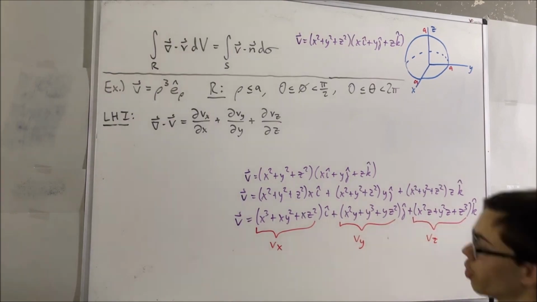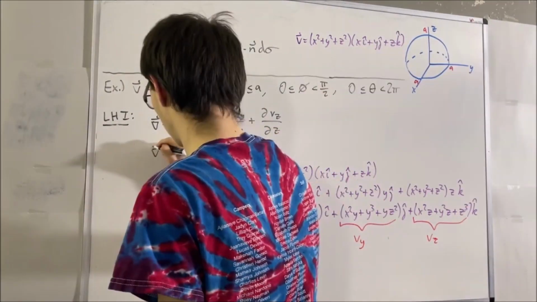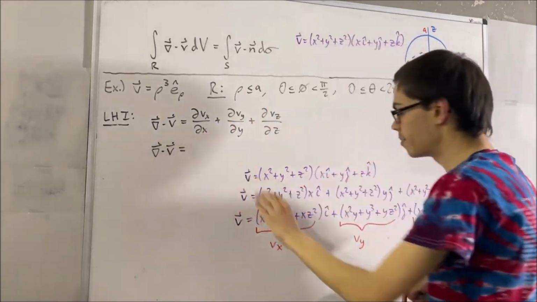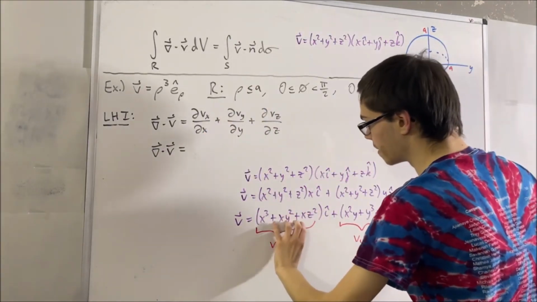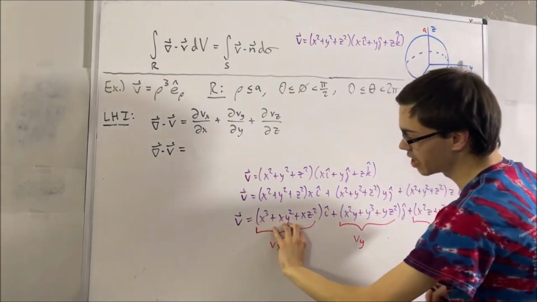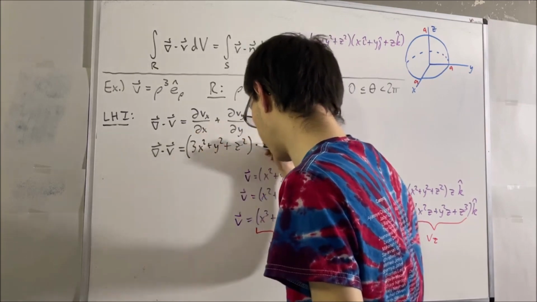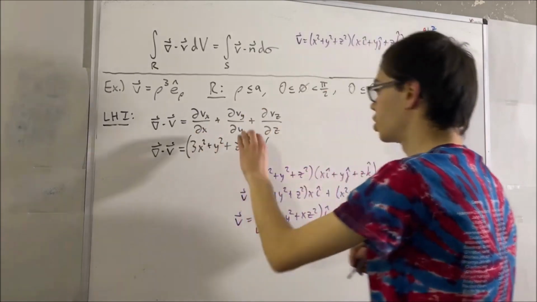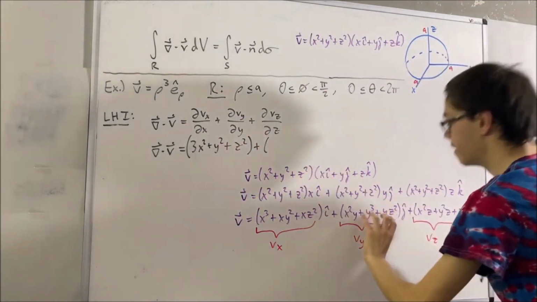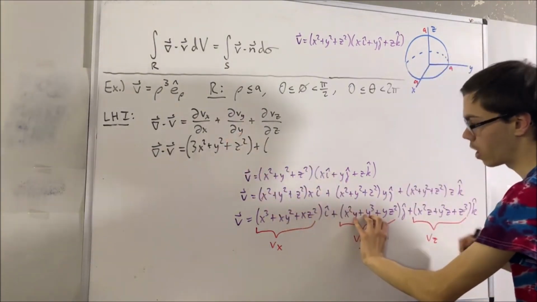So really, we now know what they are, and now we can take these partial derivatives. For the first one, it's basically going to be the derivative of this thing with respect to x. If you take the derivative of this with respect to x, you get this. So this is our first partial derivative. Now we got to take the derivative of this thing with respect to y, and you get this.